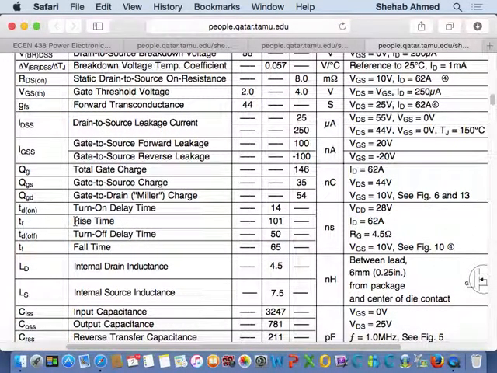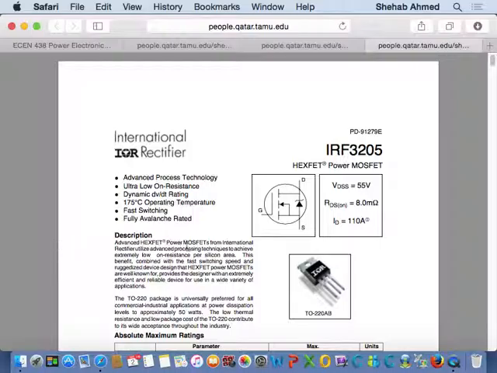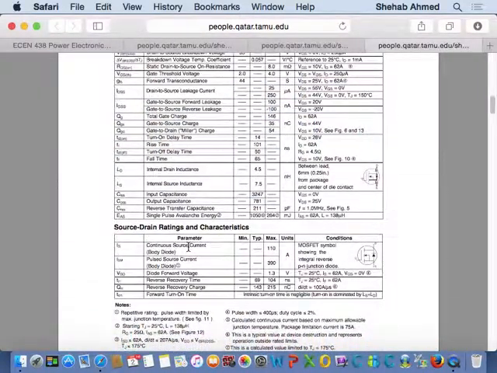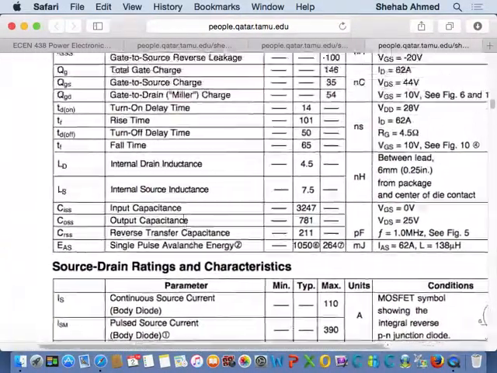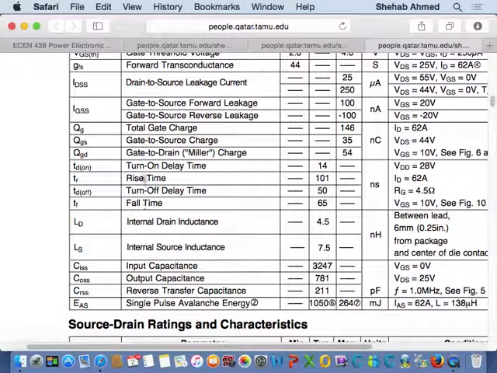TR, rise time, and TF, fall time. There's fall time, and then there's rise time. So the devices need time. Again, it's very small, 65 nanoseconds for a low voltage MOSFET.